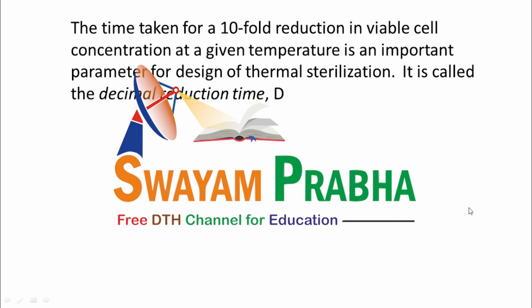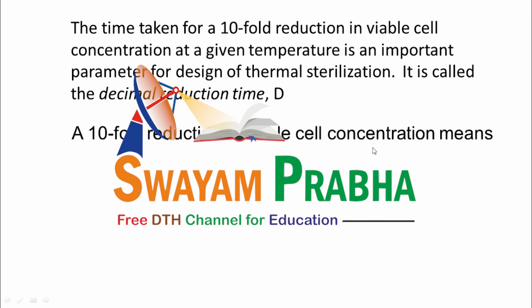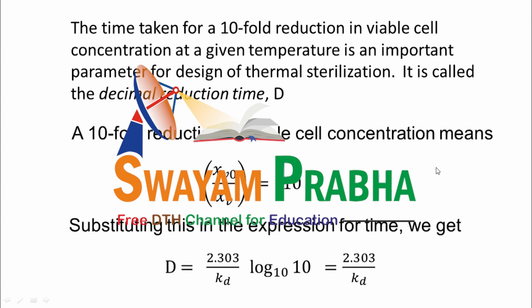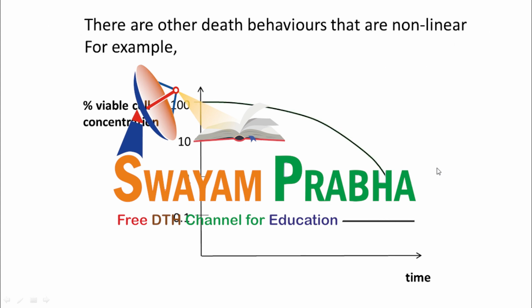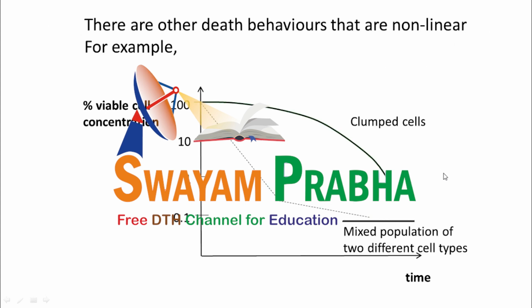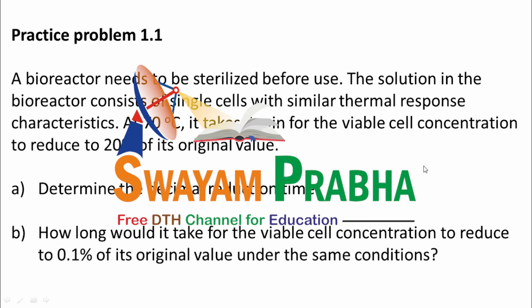And then we saw the concept of a decimal reduction time, which is the time taken for a tenfold reduction in the viable cell concentration at a given temperature. These can be used for design purposes, and that is where we finished up module 1 with a practice problem and a solution to that.